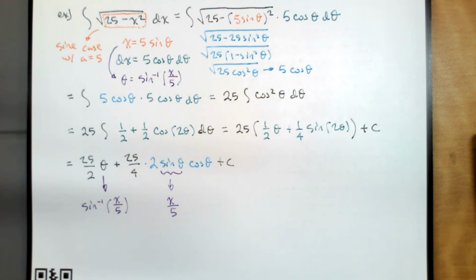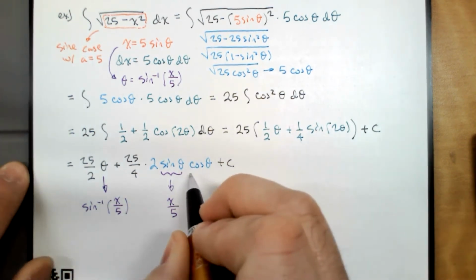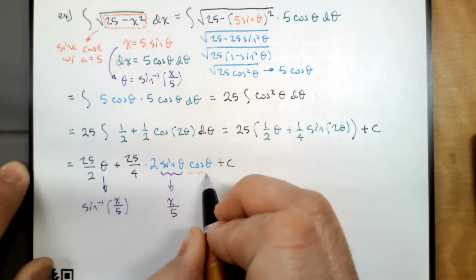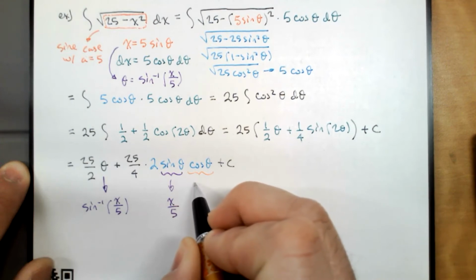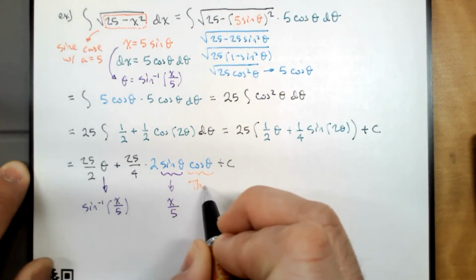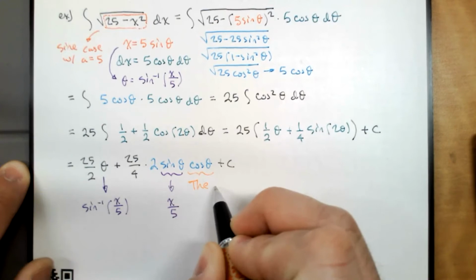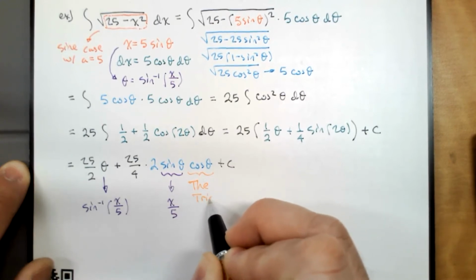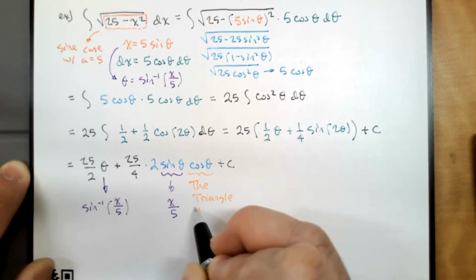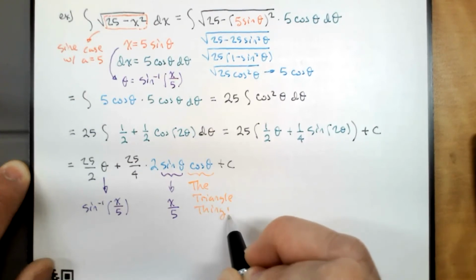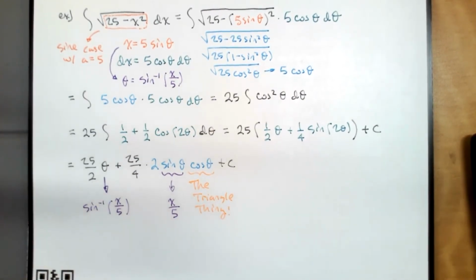The problematic one is this cosine theta. I need to write cosine theta in terms of x. And for that, we need to do the triangle thing.